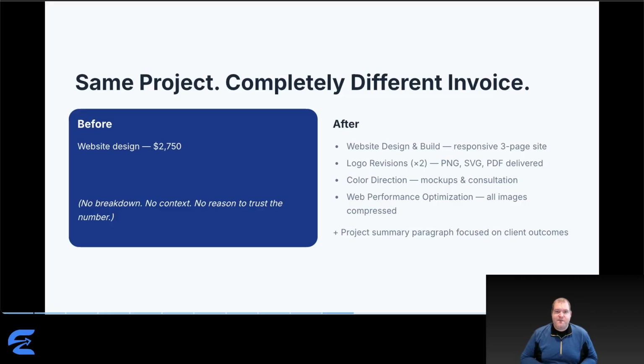The client reading the first one has questions. The client reading the second one has context and confidence. Context removes friction. Friction is what delays payment. And the only difference between these 2 invoices is whether someone took the time to translate the work into client readable language, and now that translation takes 2 minutes instead of 45.